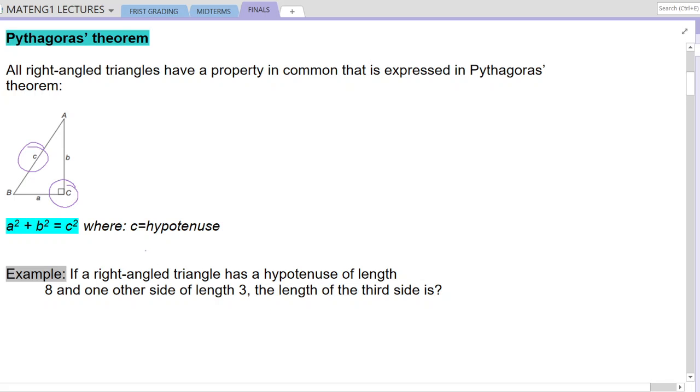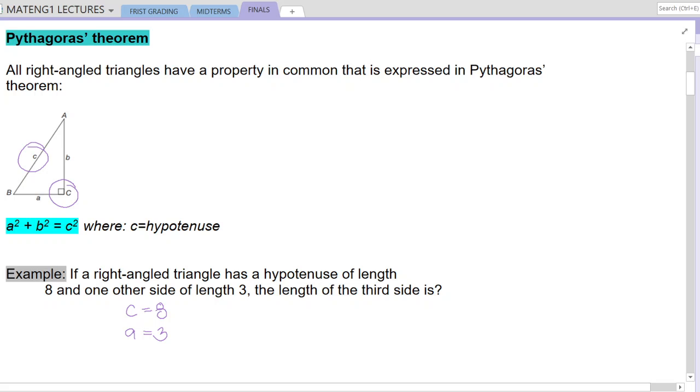Computing for the value of the third side, the given is the hypotenuse equal to 8, and we choose a to be equal to 3 for the other length of the triangle. Whether we use a or b, it's the same, since it doesn't affect the result.